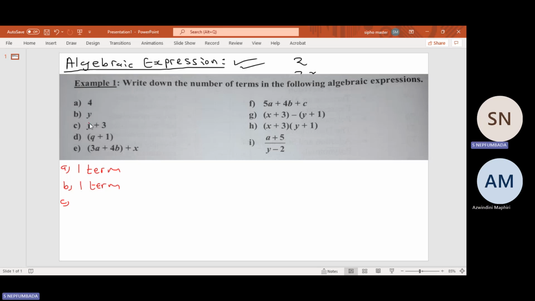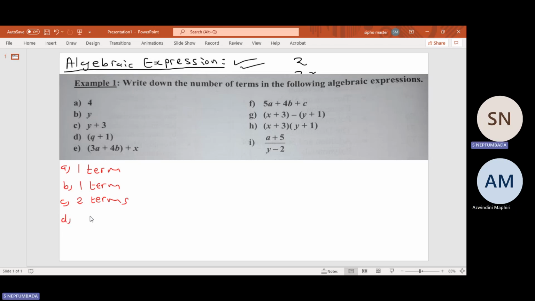Now we've got two terms separated by a plus sign. Did you see that? Yes. So it means we've got two terms.